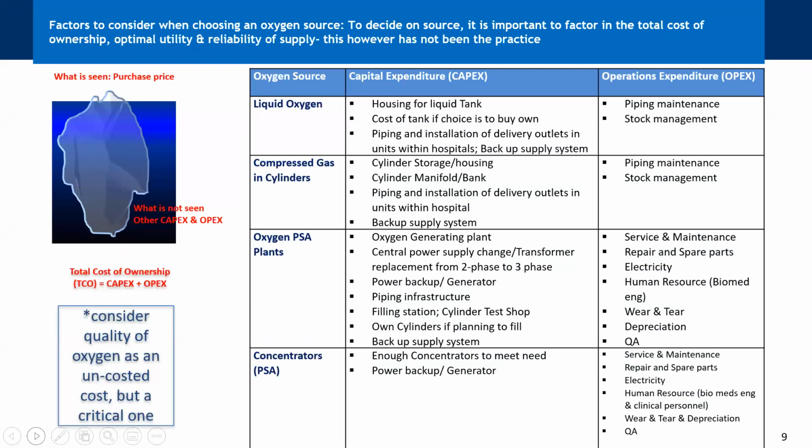When you talk about plants, you have to do power backup, piping infrastructure, and all of those have to be assessed by public works. Some have to be assessed by the biomedical engineering department. And so where the works have already started, all that work has been done. And then there is the question of ongoing operational expenditure, which is the day-to-day expenditure around management, services and repairs, that being a big one, and electricity, especially for the PSA plants.